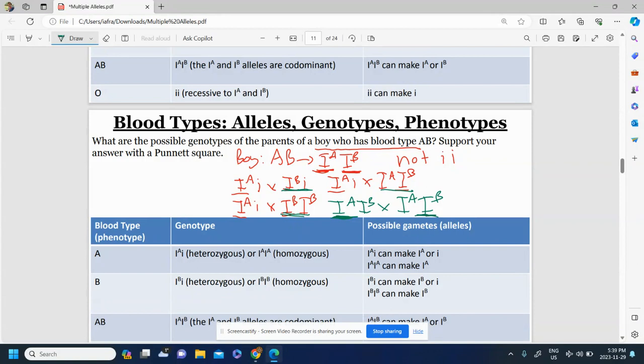So really, I think the only one that you can't have in that combination is little i, because this parent just does not have a B or an A to contribute. I think I got all of them. If I missed some, let me know, and we'll add that to the video. But again, you can now support your answer with a Punnett square.